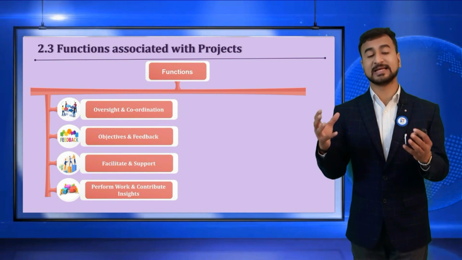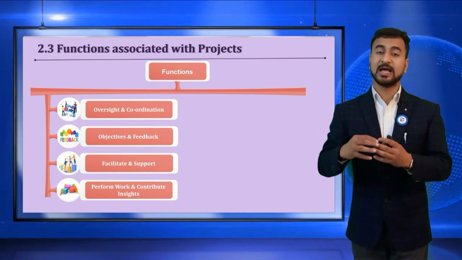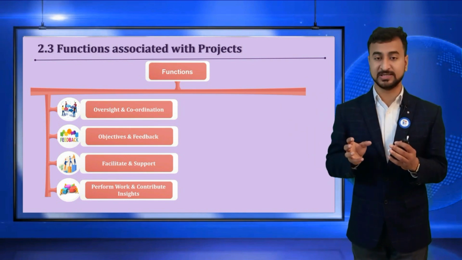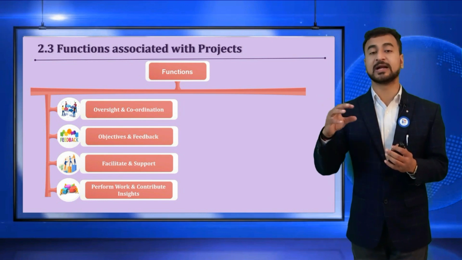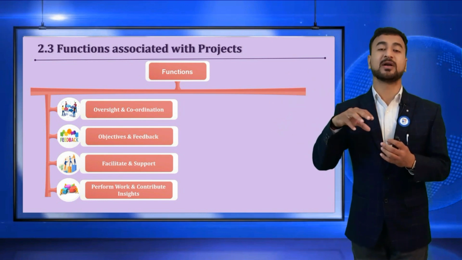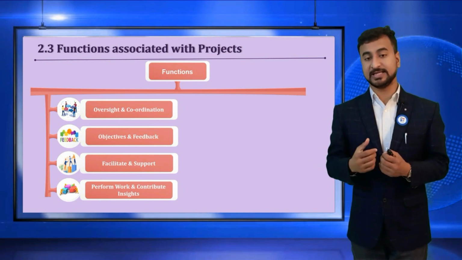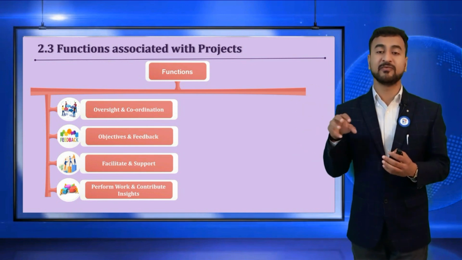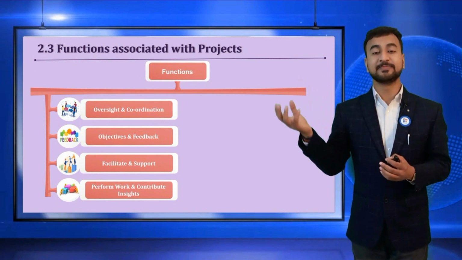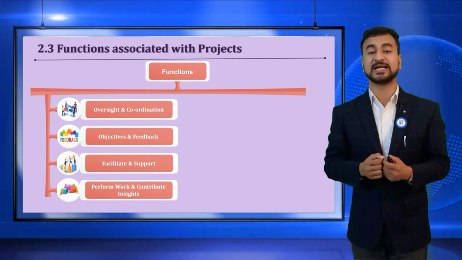Then perform work and contribute insight. Now project is such a beautiful thing, an organization having cross-functional, different functional departments involved together to execute some unique things, right? So there are multiple functions, multiple skilled people working on such an assignment.